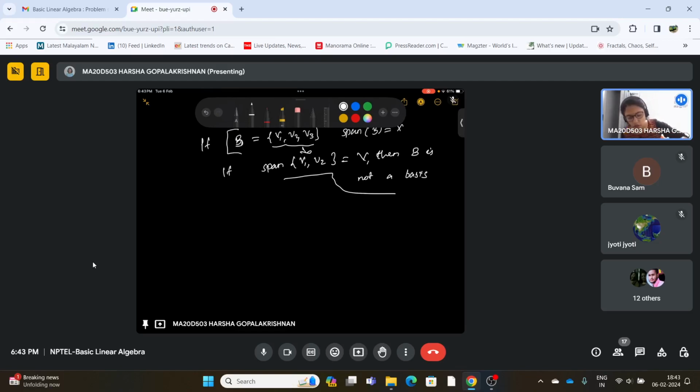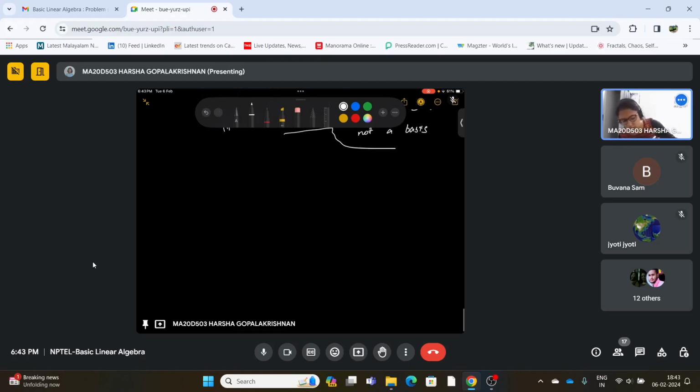So let us go to the questions. The first question is about the reduced row echelon form. Which of the following are in reduced row echelon form?